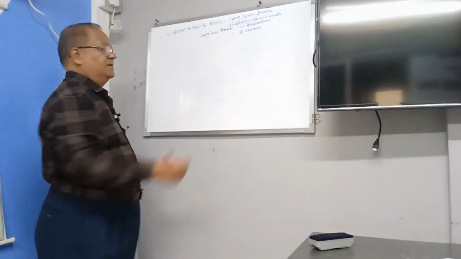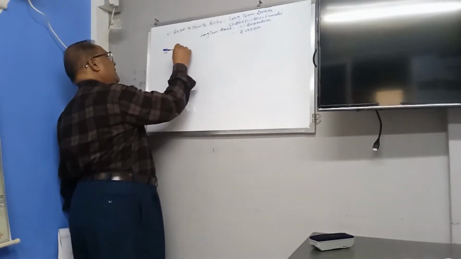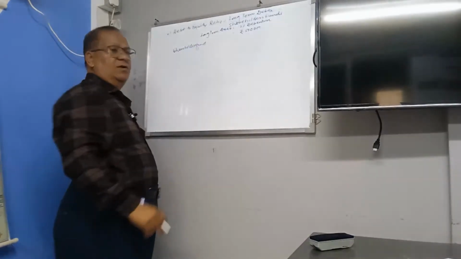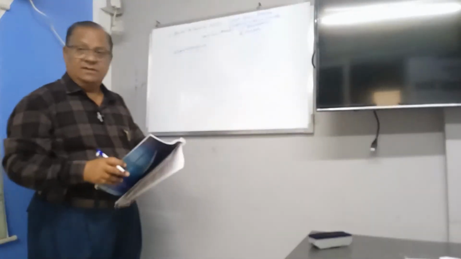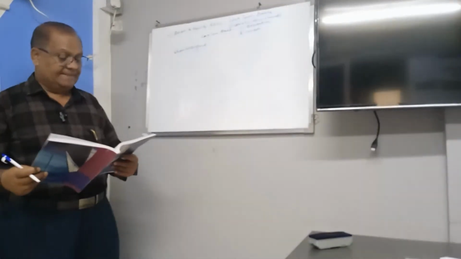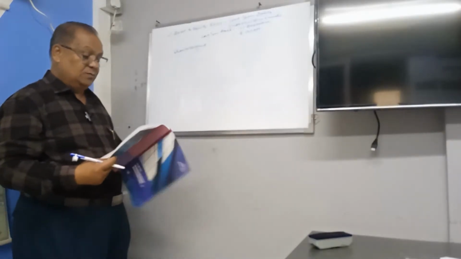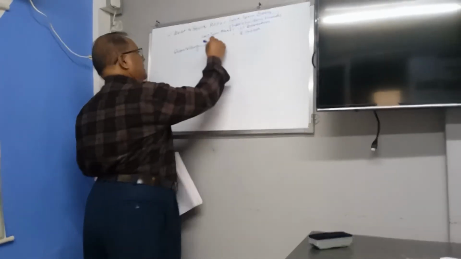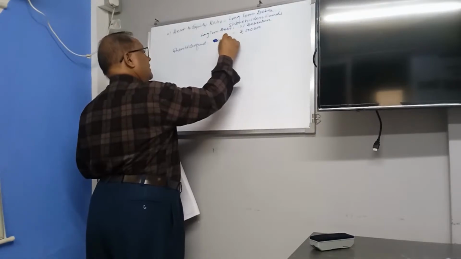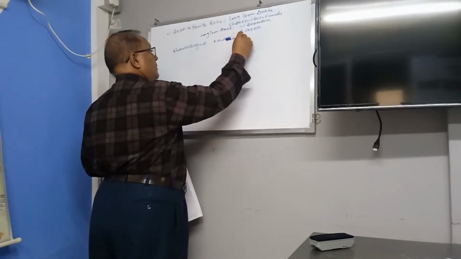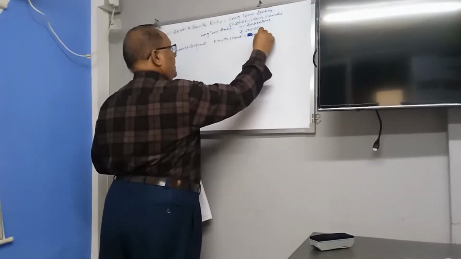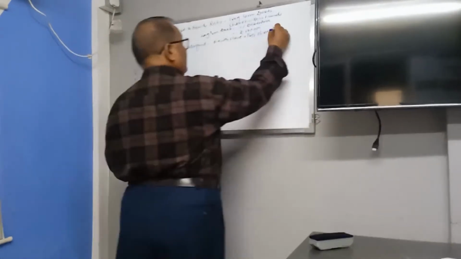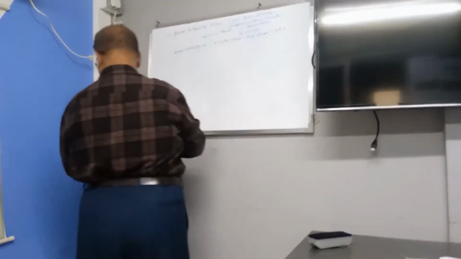Then shareholders fund. Shareholders fund includes equity shares, preference shares, then profit and loss account, reserves and surplus. Shareholders fund is equal to equity shares plus preference shares plus general reserve plus profit and loss account.